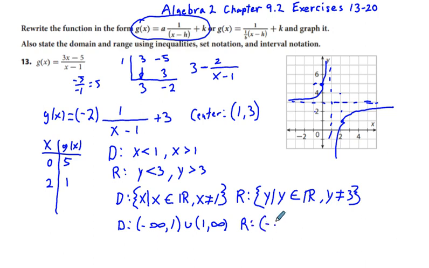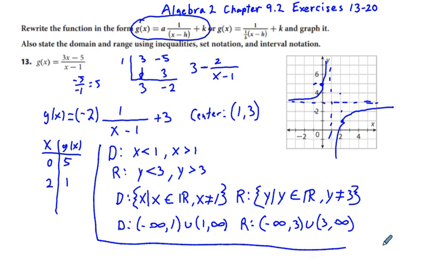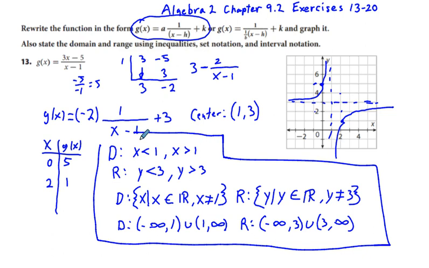We have y is greater than negative infinity up to less than 3, but greater than 3 to less than infinity. So that would be our domain and range in inequality, set and interval notation.